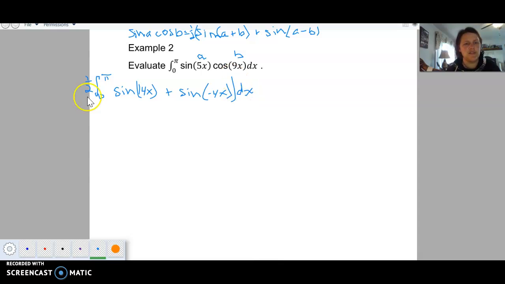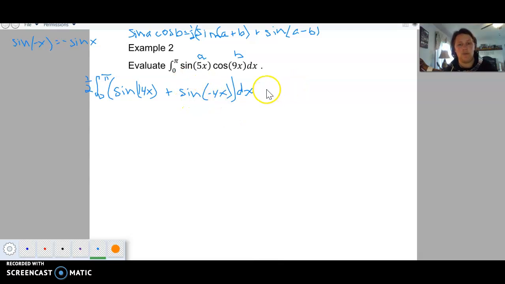Okay, and that gives us a fairly simple problem to integrate. Also, remember the property that says that the sine of negative x is equal to negative sine of x. I'm also going to do the same thing here.